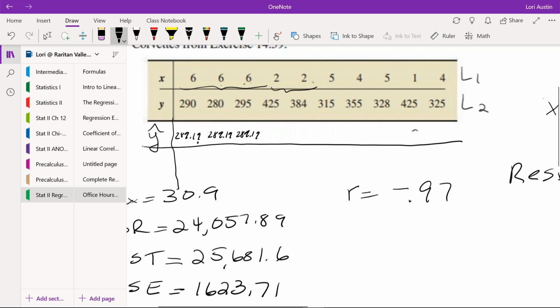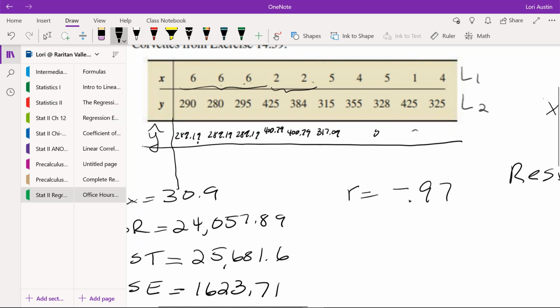And then for the 2, I got 400.79. For the 5, looks like I got 317.09.